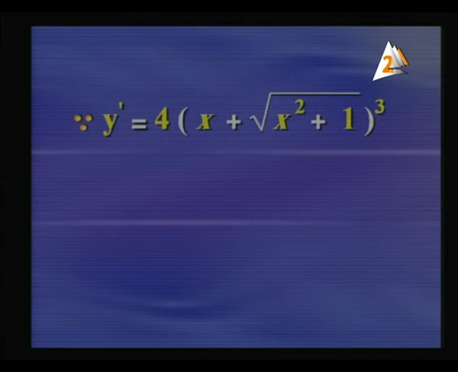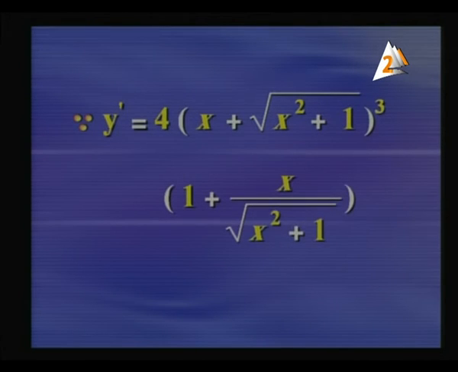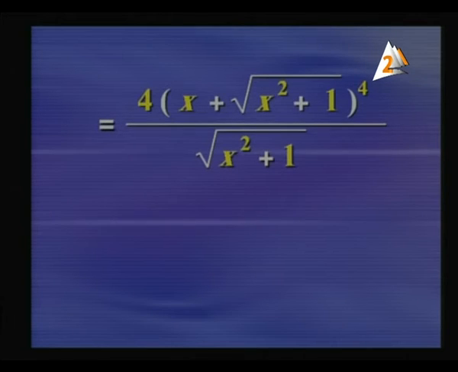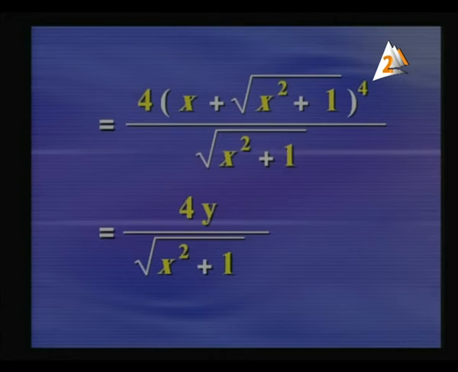y dash equals 4 multiplied by (x plus square root of x squared plus 1)^3 multiplied by the differentiation inside the bracket, 1 plus x over square root of x squared plus 1. Therefore, y dash equals 4 multiplied by (x plus square root of x squared plus 1)^4 over square root of x squared plus 1, which equals what? 4y over square root of x squared plus 1.